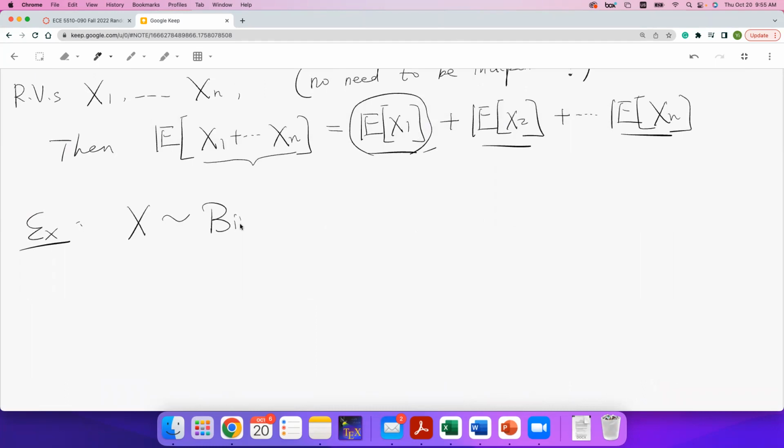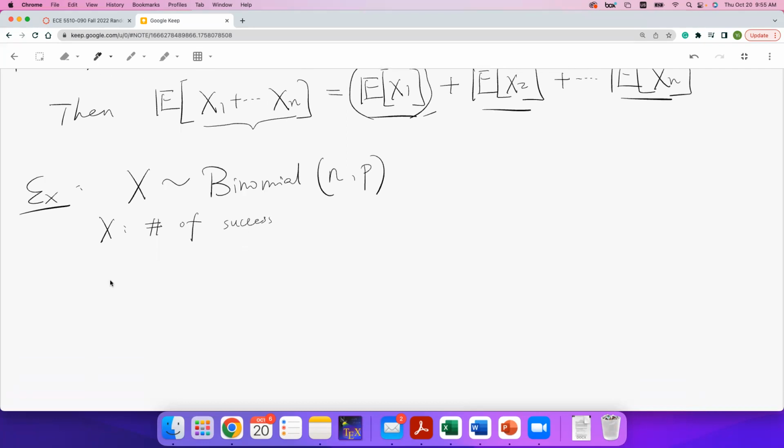Let's consider a binomial random variable. This means X is the number of successes over n trials, and each trial succeeds with probability p.